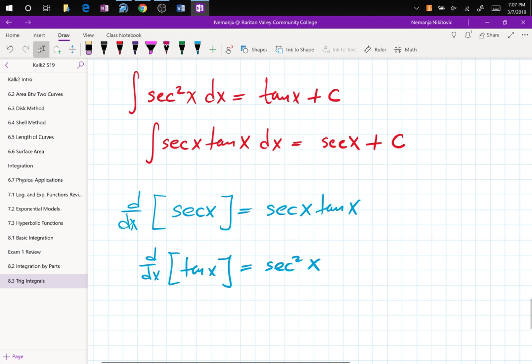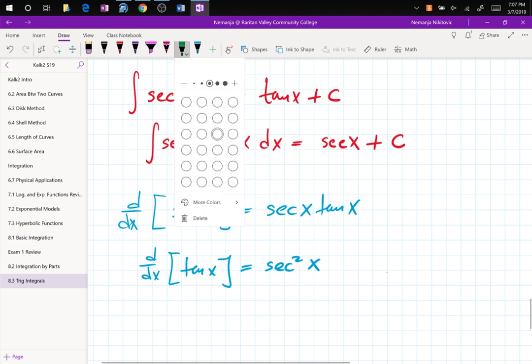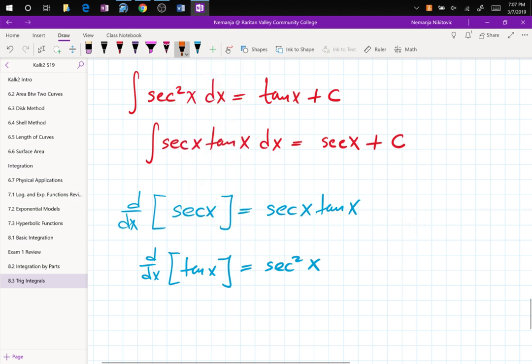Which means, when you write it this way, switch to, I guess, orange. These guys here would be your u, and these guys here would be your du. So what do you get to keep in a bank on a side for your du? You get to keep either secant tangent or secant squared.